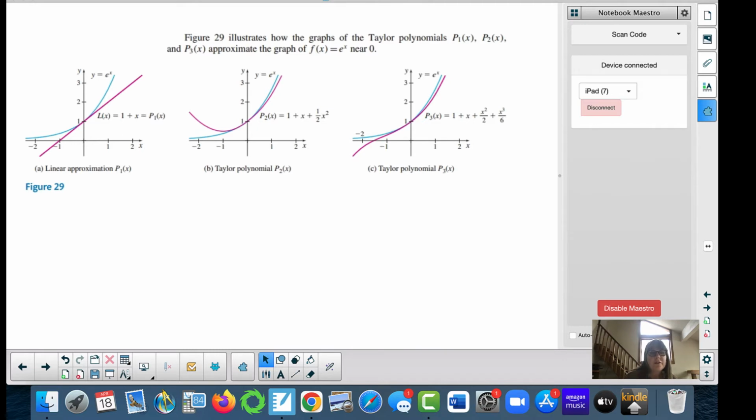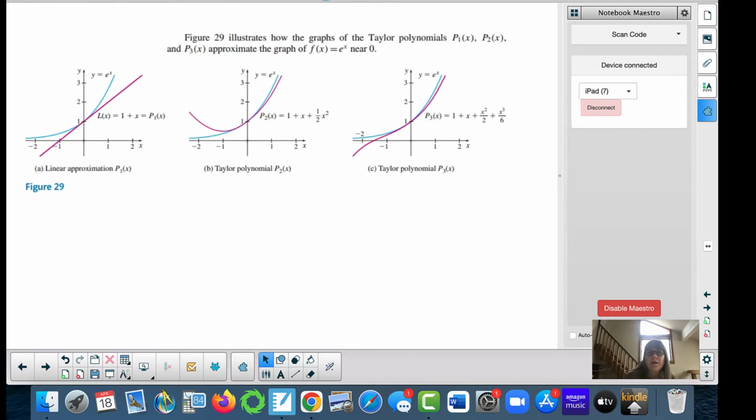Well, very close to 0, that tangent line approximation is really good. But the farther away we get from 0, the farther away we get from the actual values of e to the x. If we use that equation where n is 2, we get a little bit closer with that equation.